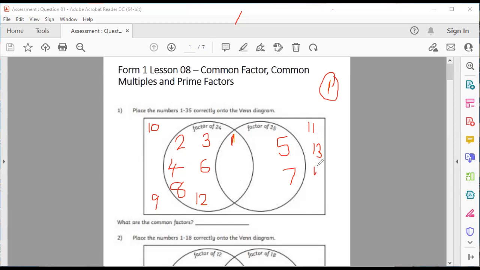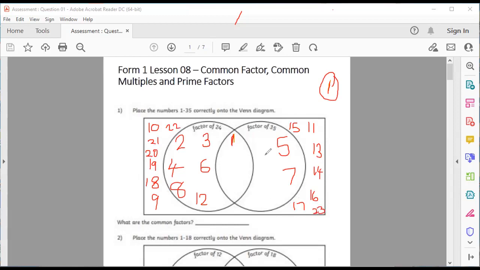None. 15? None. 16? None. 17? None. 18? None. I hope you are doing this on your side, as I'm doing here. 19? None. 20? No. 21? No. 22? No. 23? I have no space already now.